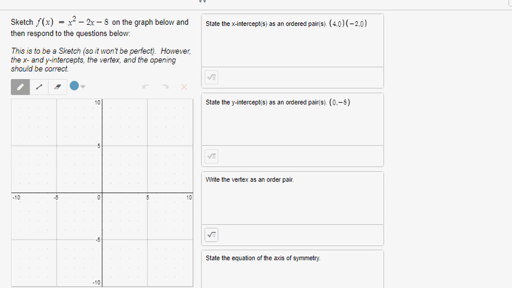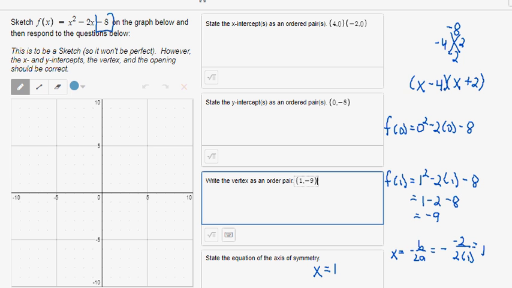We have our vertex at (1, -9). And then the last part of this one was to sketch it. So we have our intercepts at -2 and 4. We have (0, -8), and (1, -9).